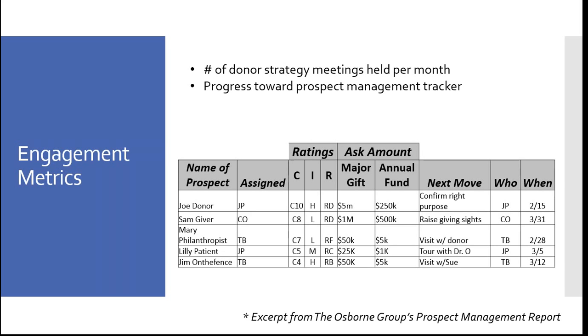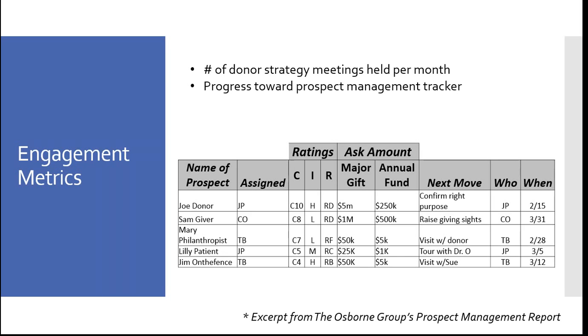And again, this is just an excerpt from the prospect management report we're using. You may be using something similar that you're pulling out of your database, out of Razor's Edge, out of Salesforce, or you may have a separate spreadsheet. But make sure that you're using it consistently and measure progress toward this prospect management tracker. I would even go so far as to say that monthly, somebody should be looking at the percentage of timelines and due dates that were met versus not met.